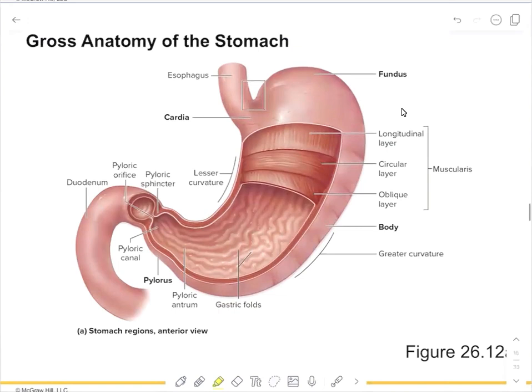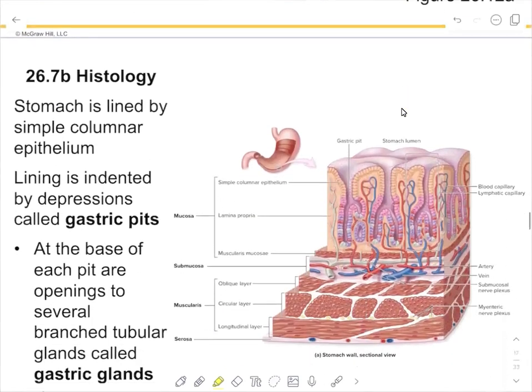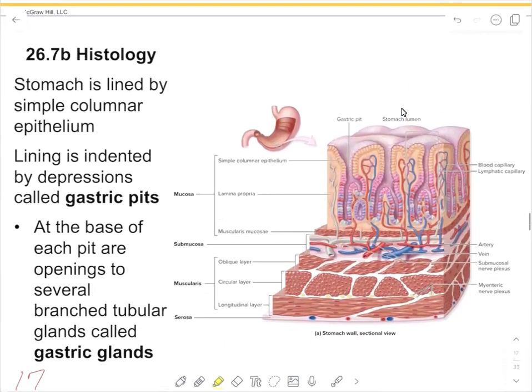So this is showing a diagram of the stomach. You see the esophagus with the cardia, the fundus, body, as well as pylorus. The pyloric sphincter would be at the distal end of the stomach, and it would enter into the duodenum. As far as the histology of the stomach, what we see here is that it's lined by simple columnar epithelium.